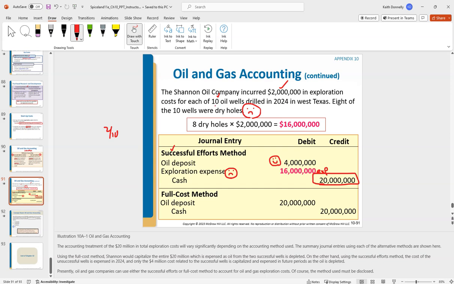Always start with cash: 10 times 2 million. Under the successful efforts method, you've got the frowny and the sad face. What do you expense? What do you capitalize? Under the full cost method, for both of them, you're just going to capitalize. Okay, with that, we'll finish the lecture here. We'll have some problems to look at and build this out further.